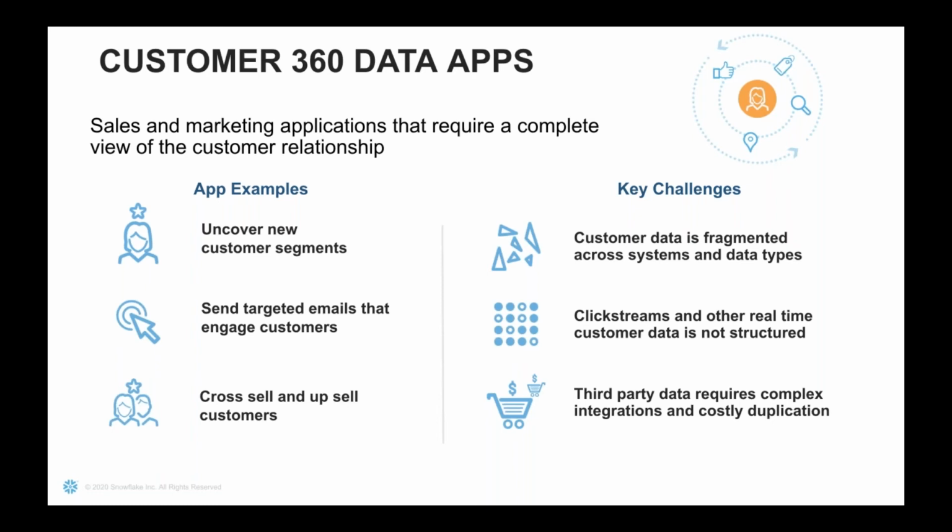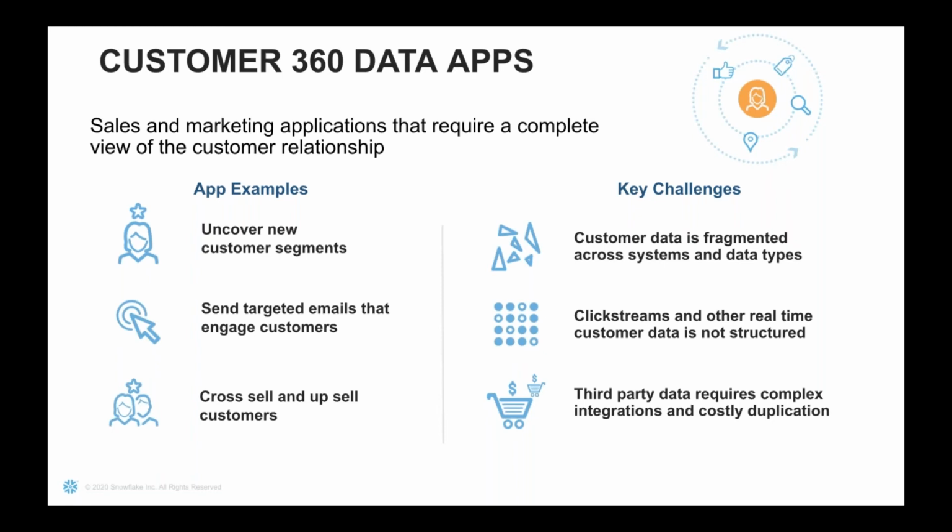They need to do this to understand customer behaviors and patterns and unveil new customer segments. They need to be able to target customers in very specific ways through emails, push notifications, inside applications, through chatbots, et cetera.